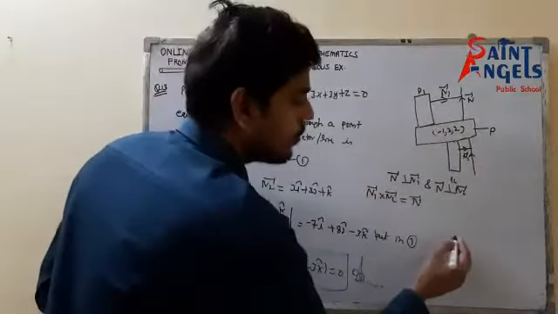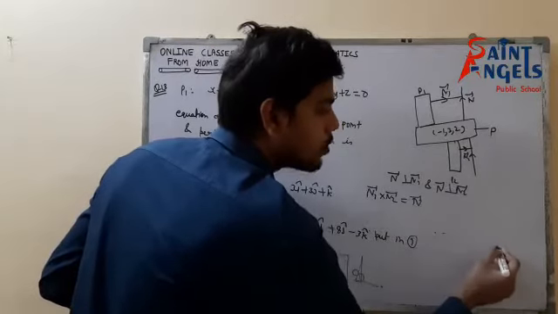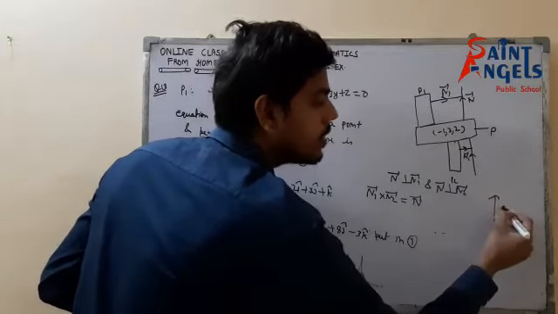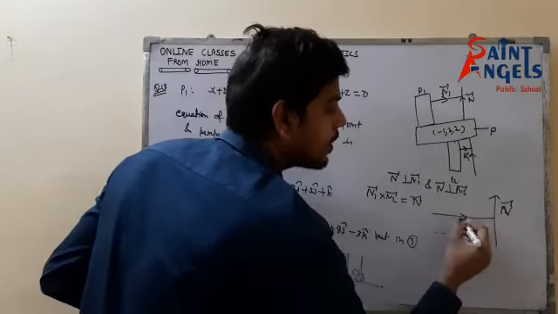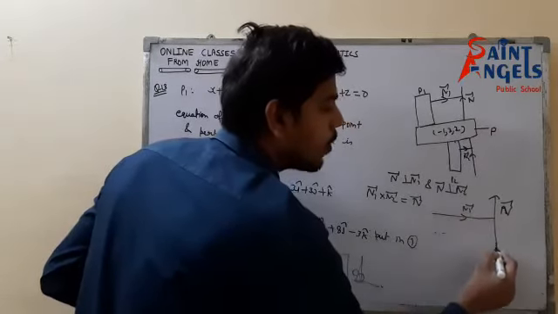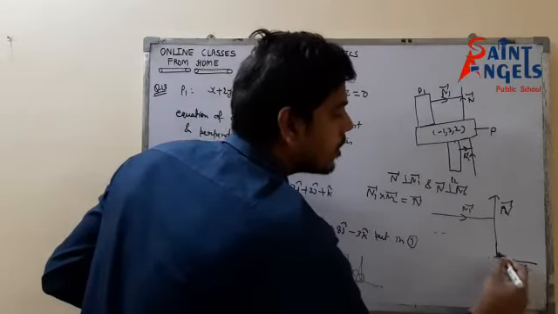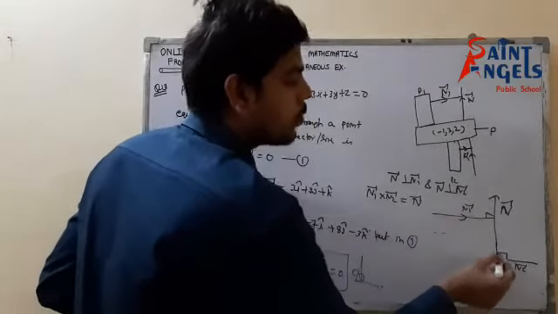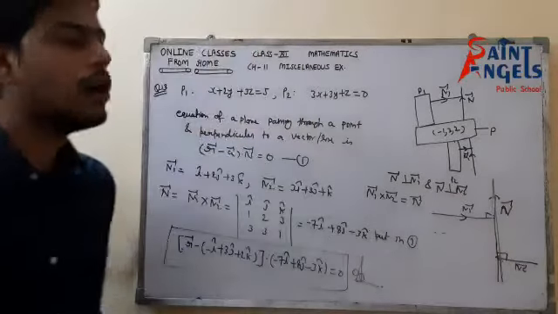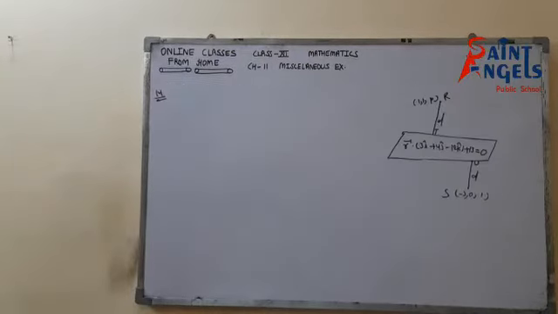This is the normal n vector to plane P, here the normal n1 vector to plane P1, and the normal n2 vector to plane P2. These are perpendicular, so the cross product of n1 and n2 will give us the n vector. I hope it's clear. So please pause the video and note it down.